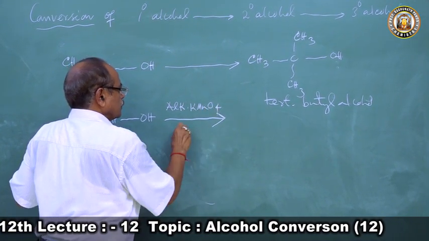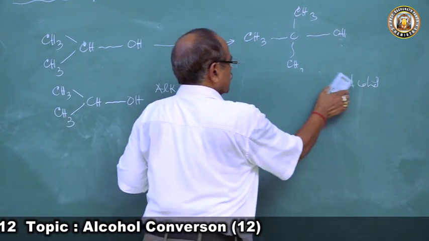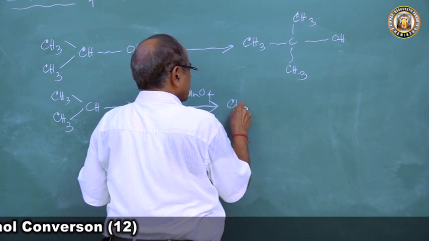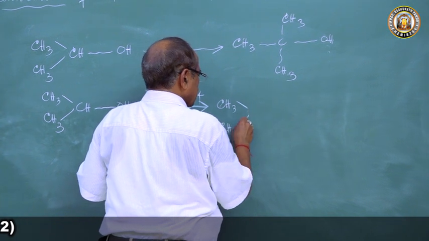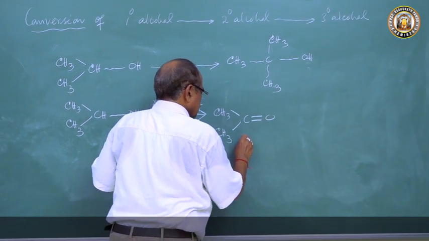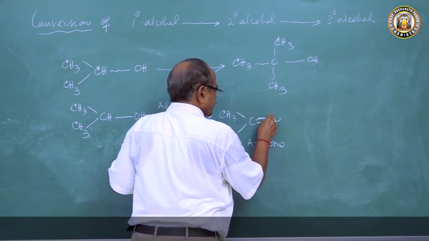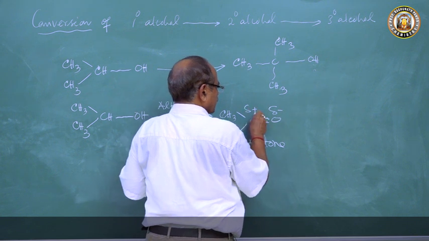This will undergo oxidation. The secondary alcohol undergoes oxidation to form a ketone. We have read this. So this forms its ketone, acetone, CH3COCH3. This is a sigma bond, and this is a pi bond, and this oxygen atom is delta negative, carbon atom is delta positive.